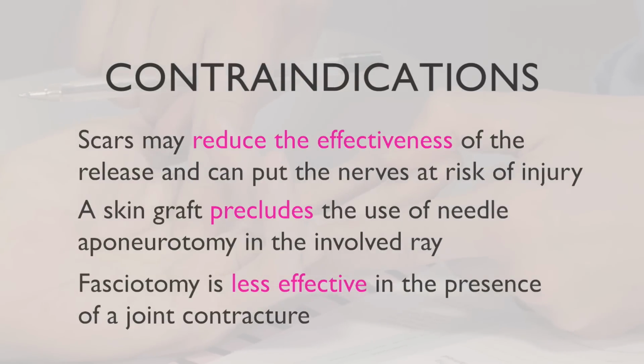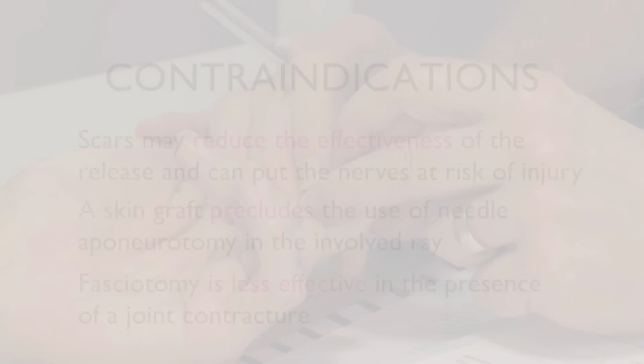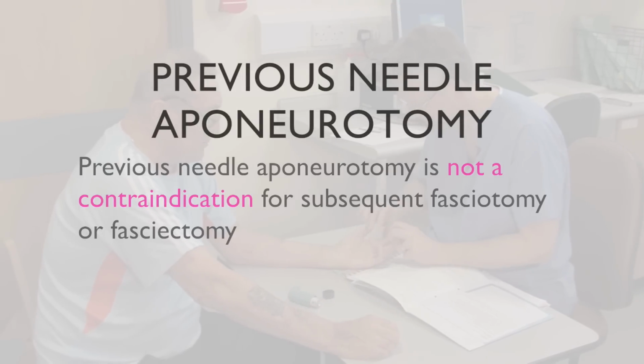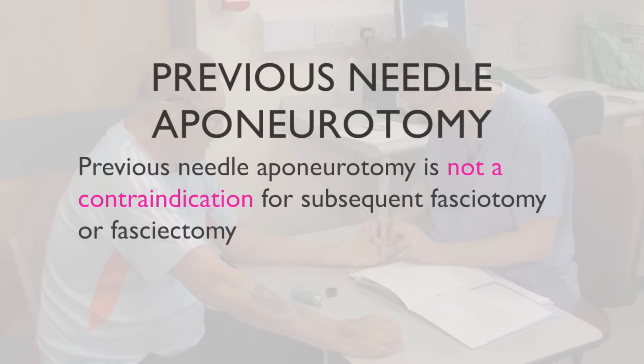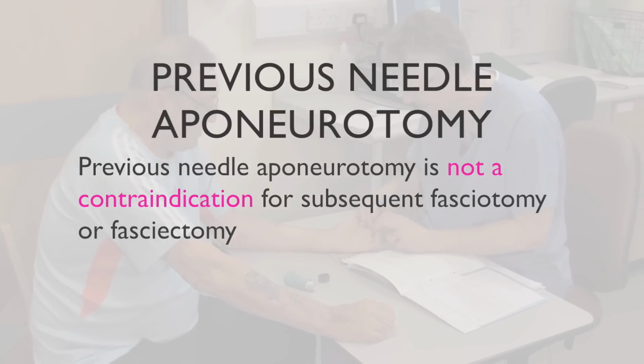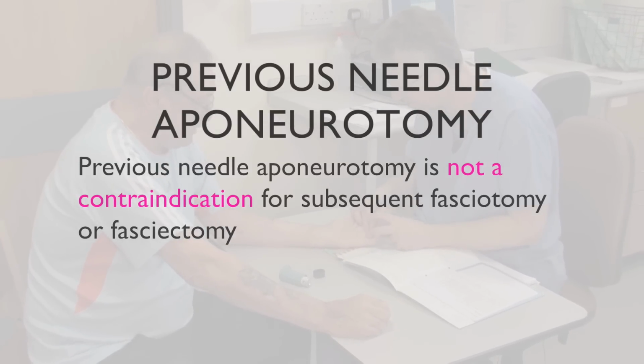Fasciotomy is less effective in the presence of an established joint contracture, although it may be difficult to establish the presence of a joint contracture until after the Dupuytren's cord has been divided. Patients with disease recurrence who have previously undergone needle aponeurotomy with good effect and in whom there is a well-defined cord may have further attempts at percutaneous release.